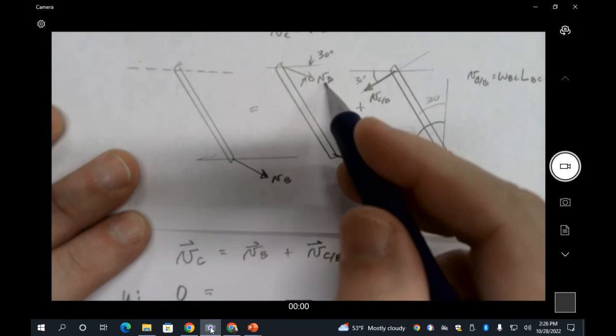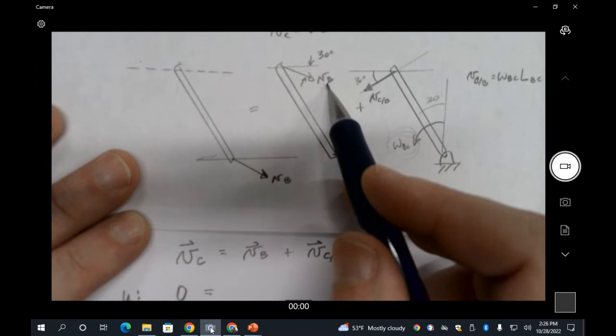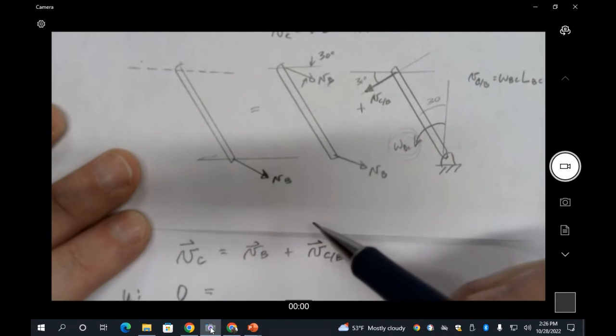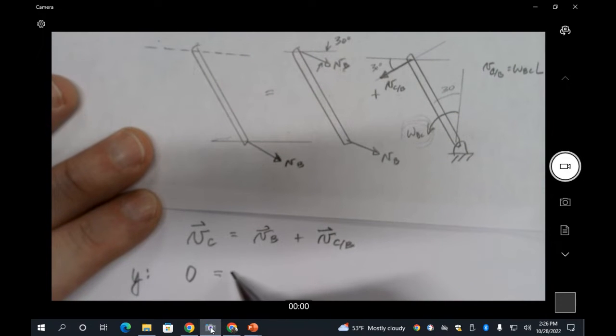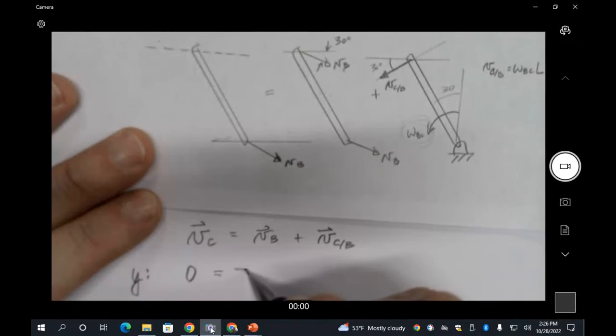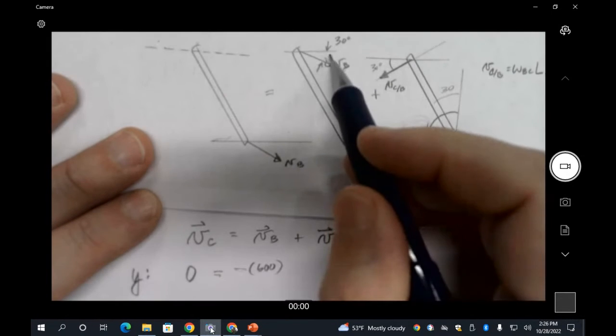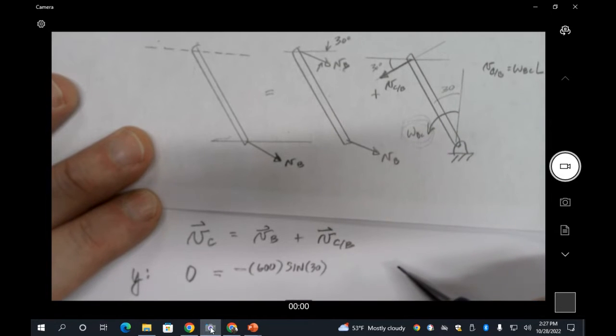And this guy right here, we know his magnitude is 600 millimeters per second. We got it previously already. So that's how previously works, it's that it happened already. And we notice that it's negative direction. So we have the 600 millimeters per second, but only in the y direction. So we're going to take the sine of 30 degrees.